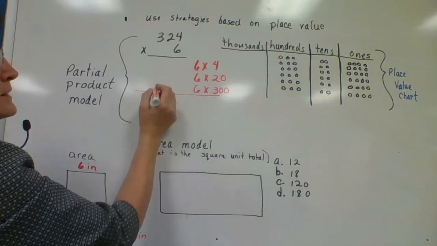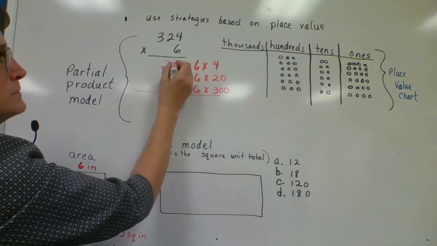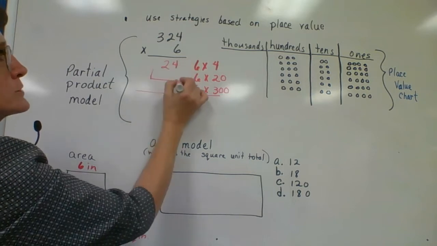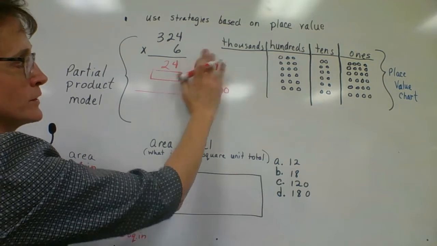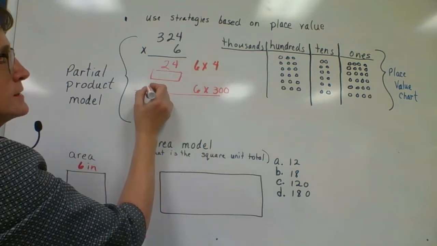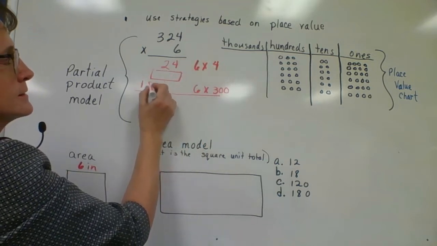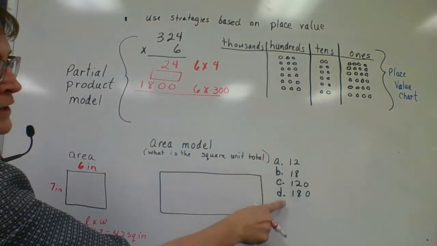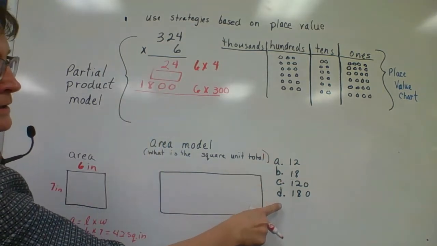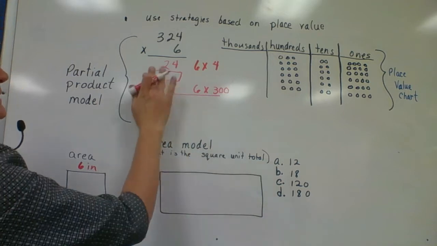So students might receive a test question where they have a box right here, and this won't be here. This won't be here either. They'll just have a box, and they'll have to figure out what the partial product is, and then they'll have their A, B, C, D answer choices.